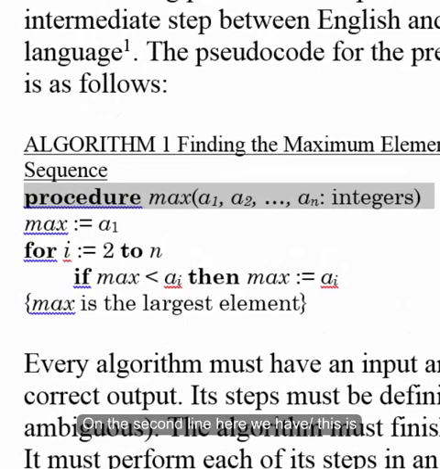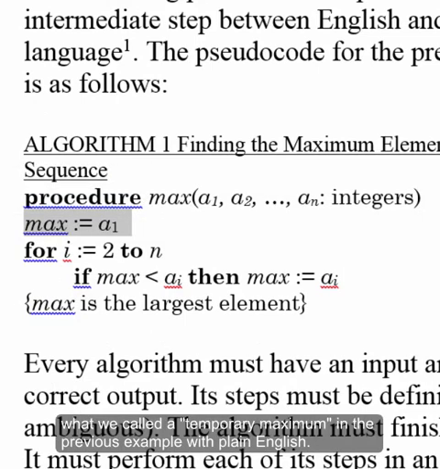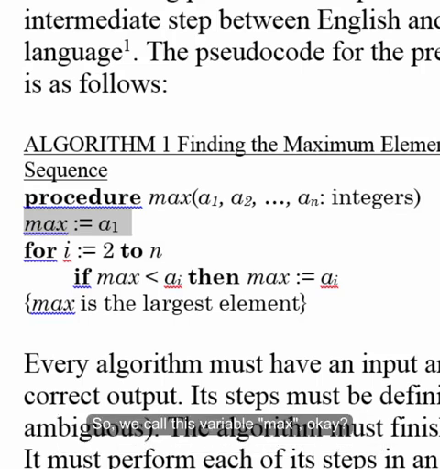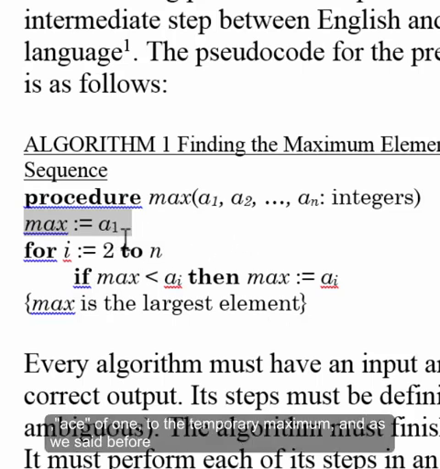On the second line here we have what we called the temporary maximum in the previous example with plain English. We call this variable max, okay? And we assign the first element in the list, a sub 1, to that temporary maximum.